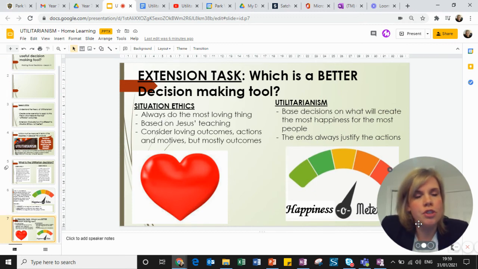And if you're going to opt to do that question, I would like some details. They're quite similar in lots of ways. They both look at outcomes. So would you be able to differentiate them based on that? Or are there other factors that push one as a better decision-making tool than the other one? But remember, that is an extension task.